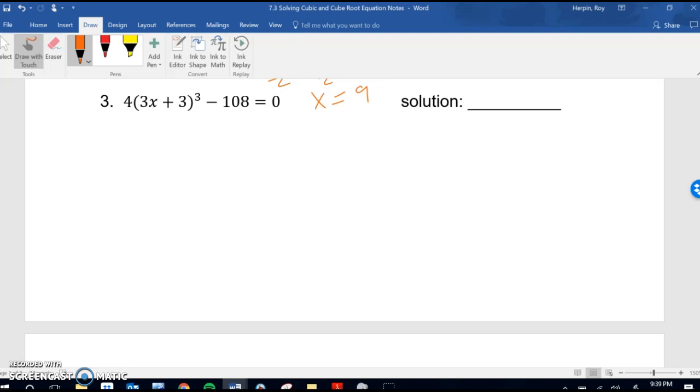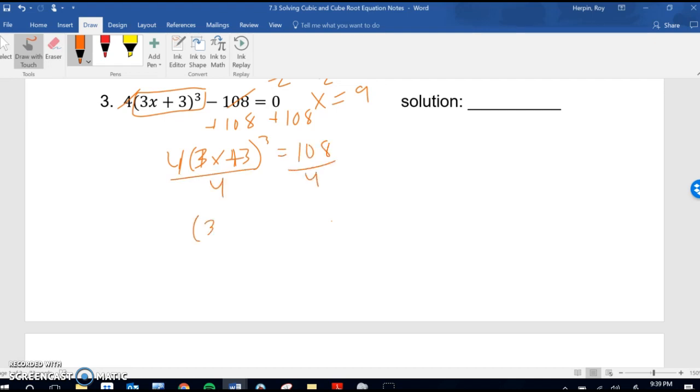So here I have to isolate this because that's the cubed part, so I got to get rid of the 108 and get rid of the 4. So I'm going to add 108. Now I'm left with 4 times (3x plus 3) cubed equals 108. Now I'm going to divide both sides by 4 to get rid of the 4.